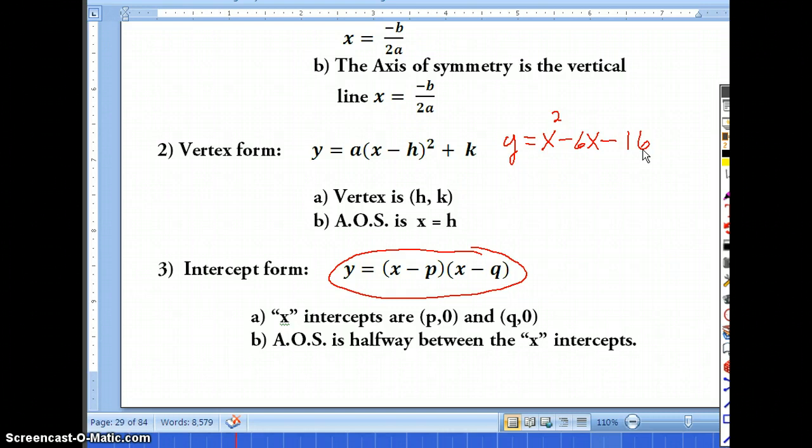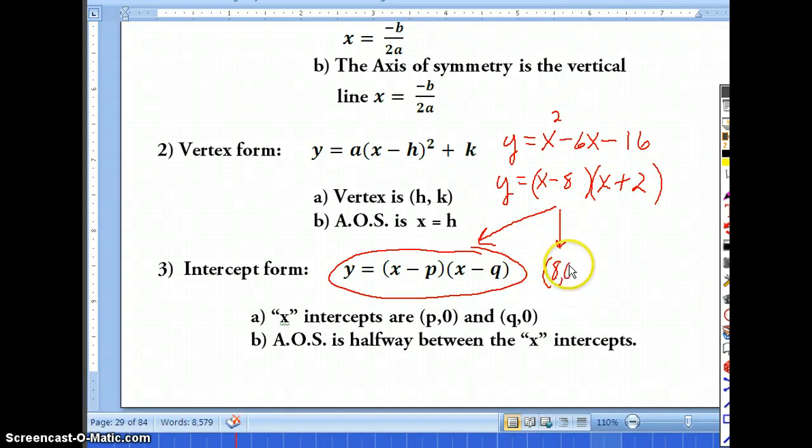We could do minus b over 2a to get the x coordinate of the vertex. Or we could factor this polynomial, and this would factor into (x minus 8)(x plus 2). And when we factor it, now you can see how it looks like the intercept form. X minus 8 would mean one of the intercepts is (8, 0), and x plus 2 means the other intercept is (negative 2, 0).